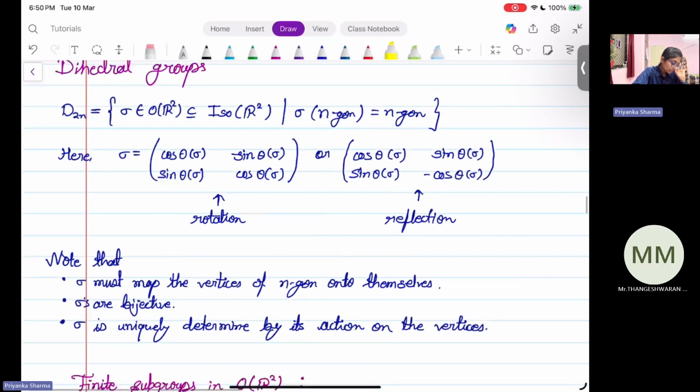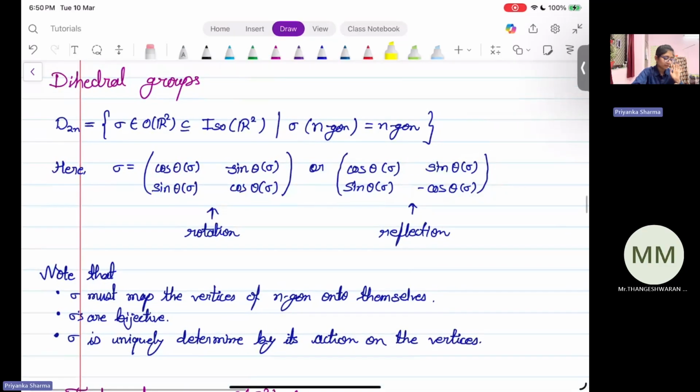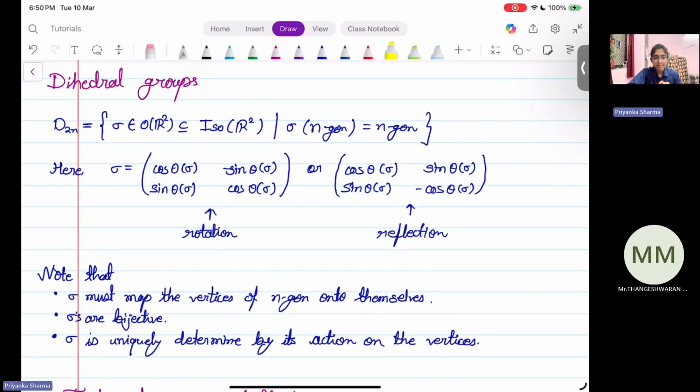Okay. Now, what is a dihedral group? We have already discussed that dihedral groups are symmetries of regular polygons. We have the notation D2n, which is sometimes represented by Dn also.